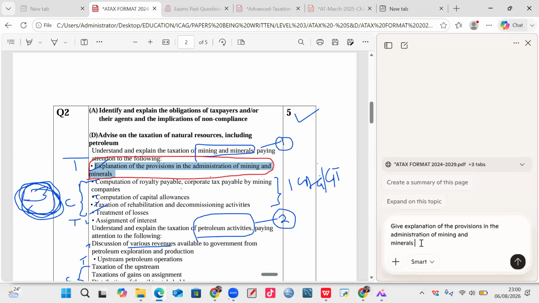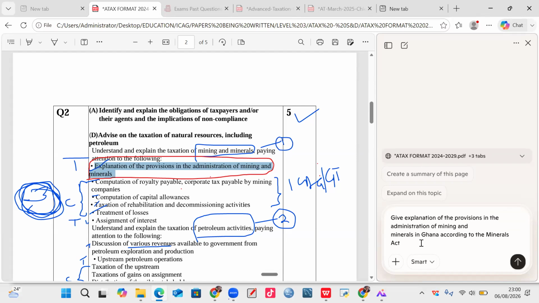It's called hallucinate. It will be guessing for me. It can even give me information about US, Canada, Mexico, Brazil. So I have to narrow the context to, let's say, in Ghana, according to the Minerals Act. I'm limiting it according to the Minerals Act and in accordance with the ICAG syllabus.